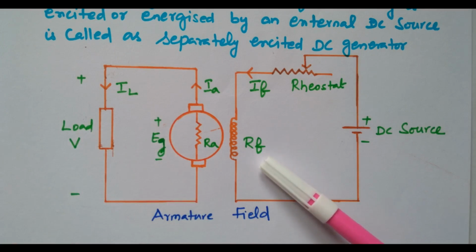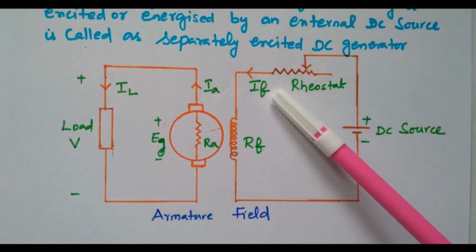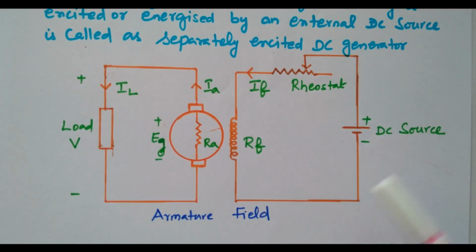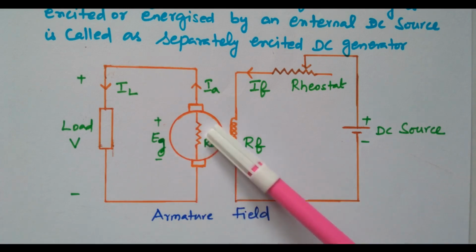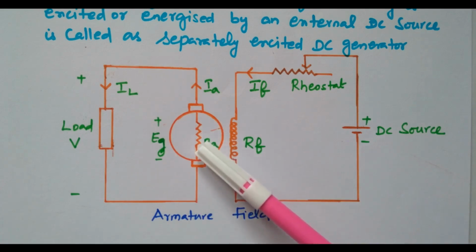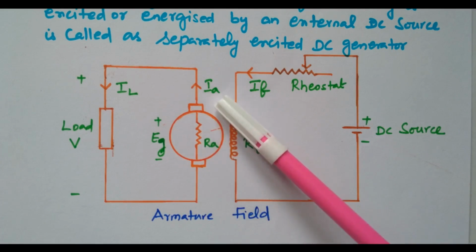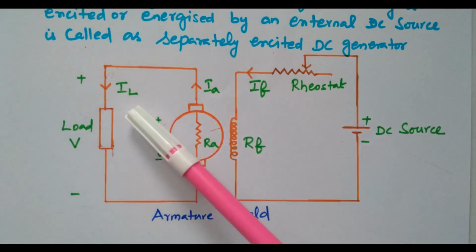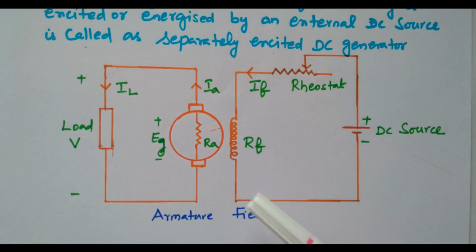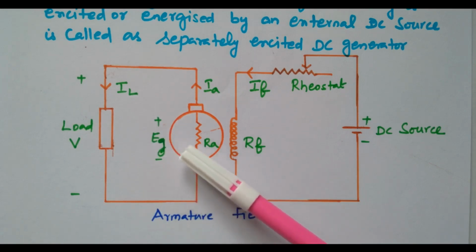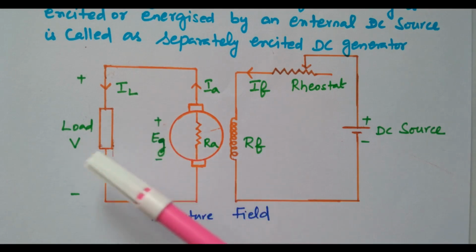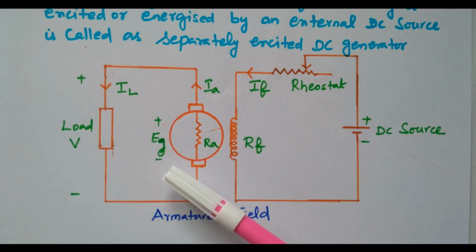This is the field winding with RF, the field resistance, the field current, the rheostat and the DC source. This RA is the armature resistance. The current flowing from the armature is the armature current, IA. While going to the load end, it is IL. This EG is the EMF generated inside the armature, but while going to the load terminal, some drops will be there.